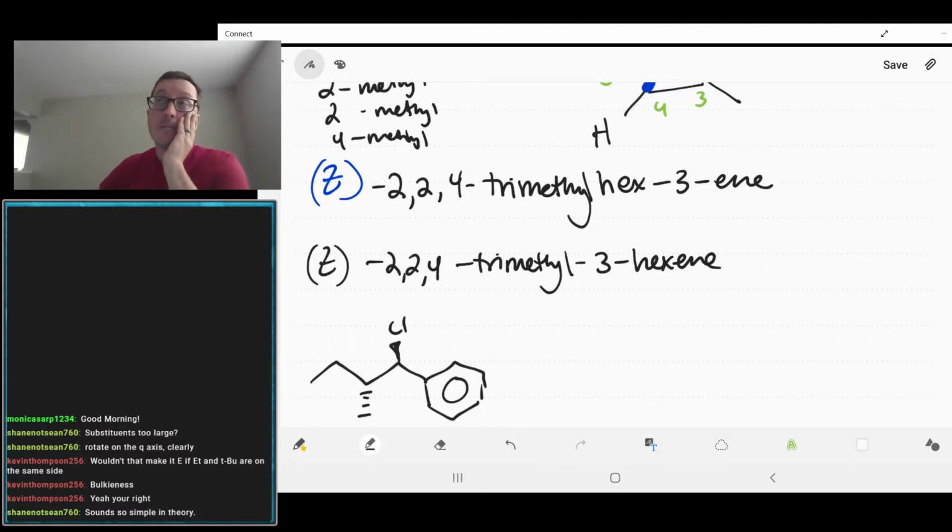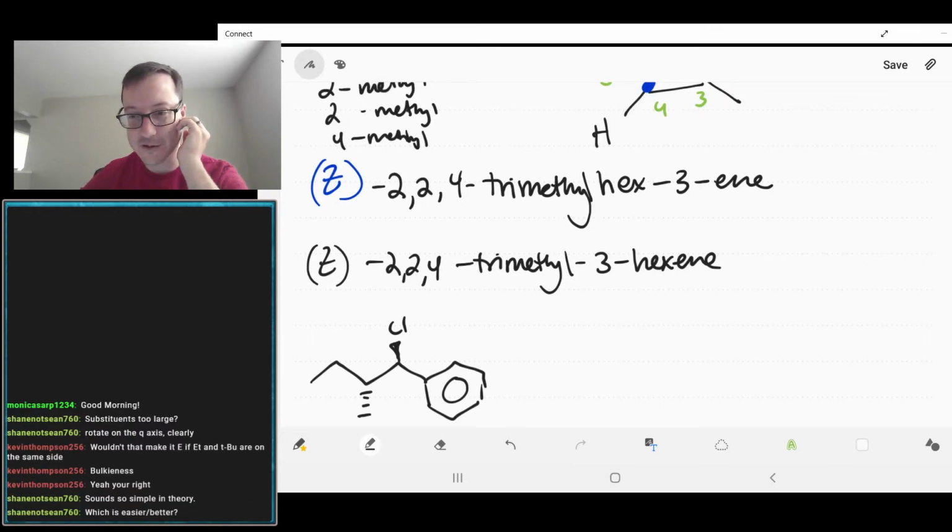Just since you guys are here, I'll give you the option. Do you like doing it from wedge dash, or do you prefer a Newman projection? Or some other projection? Sawhorse, Fischer? Please don't make me do Fischer. But I would say for this, Newman and Sawhorse are the easiest ways to do it.